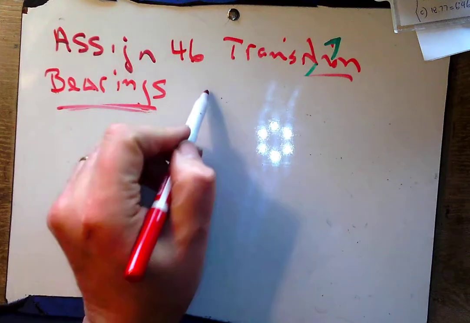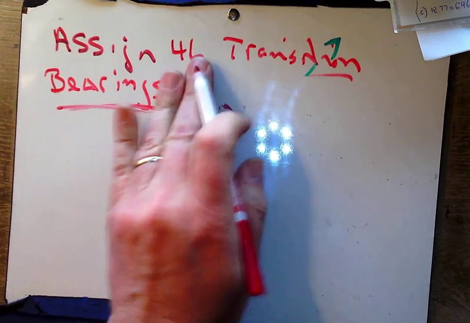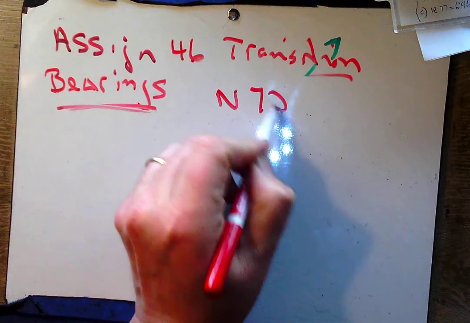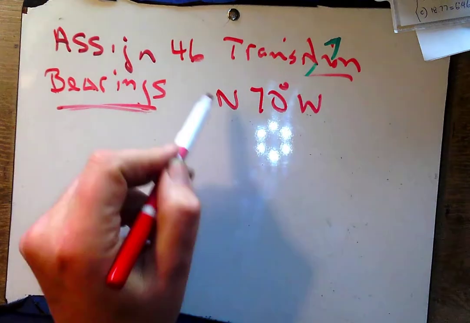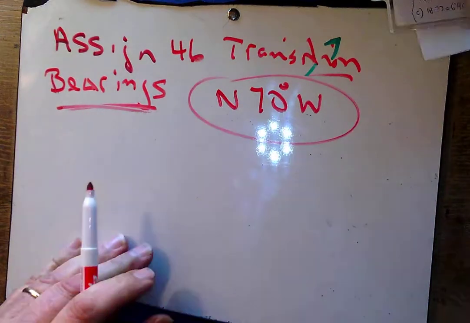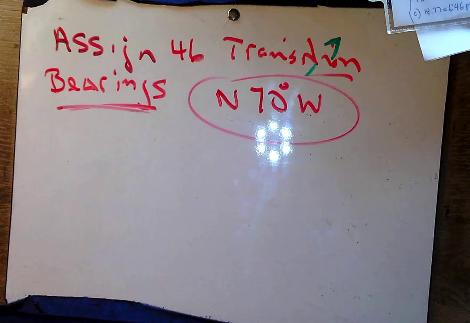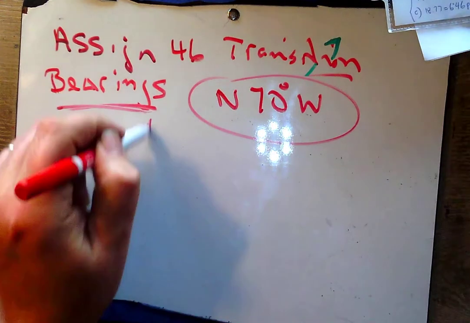How about west? Oh, I'm sorry, that says north 70 degrees west. Will you draw that one? And we'll compare in a minute. Okay, how'd it go?